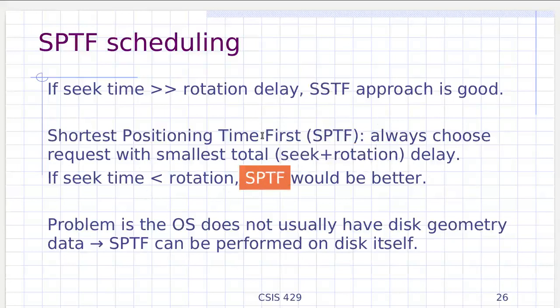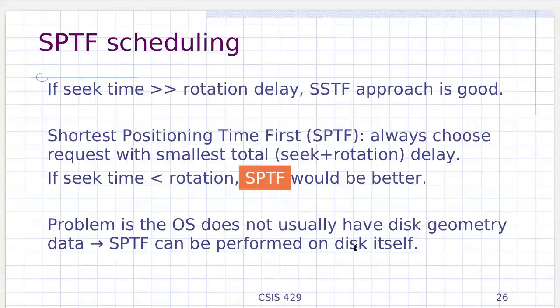So this makes total sense when you look at the geometry, but the problem is these days the operating system does not have this disk geometry data. And so as a result, shortest positioning time first, where you account for both seek time and rotational delay, is probably best performed on the device that's controlling the hard drive itself.